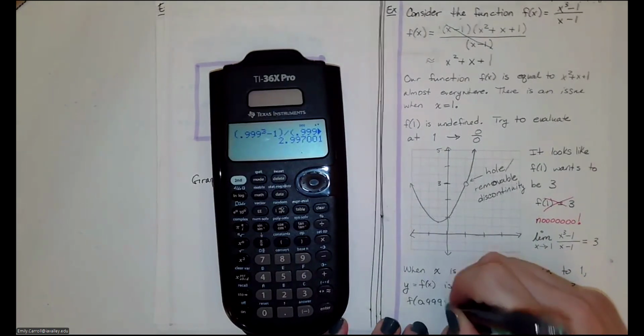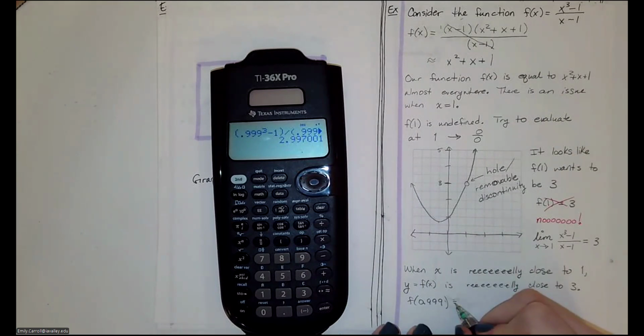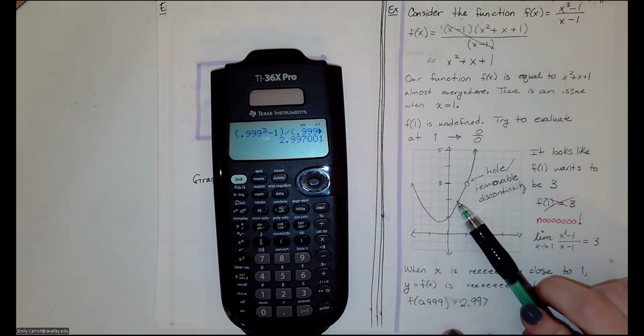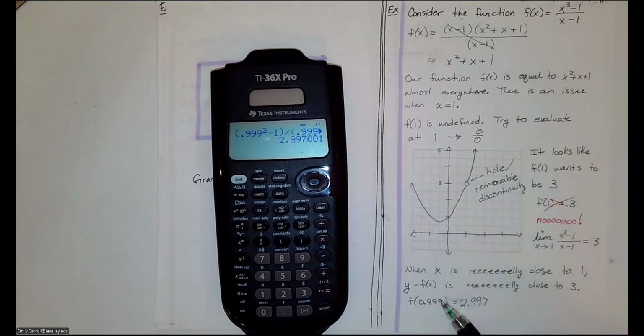So let me erase these down. 2.997. Okay, so we can imagine x is sliding in towards 1 at these numbers that are really close.